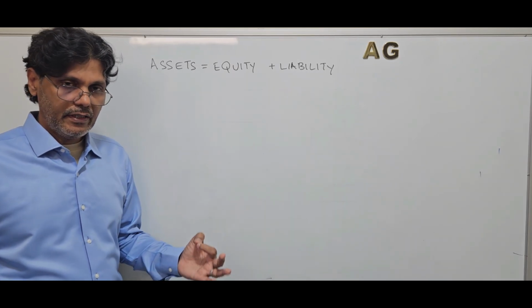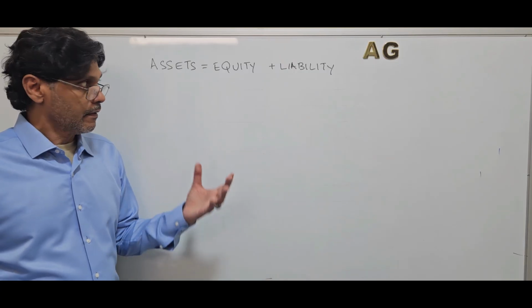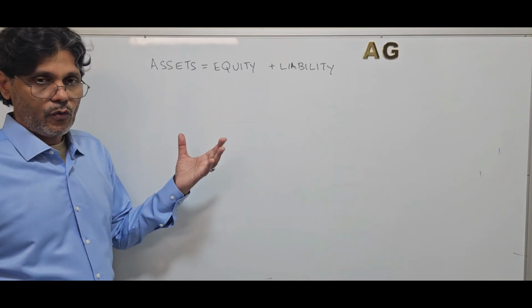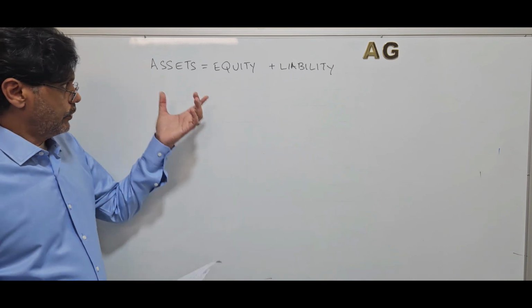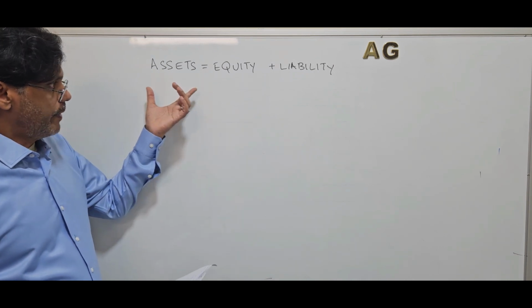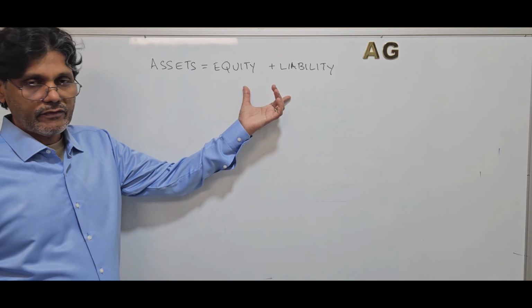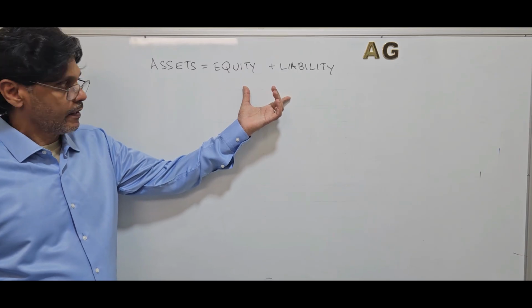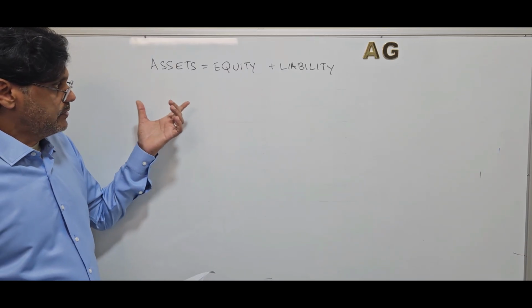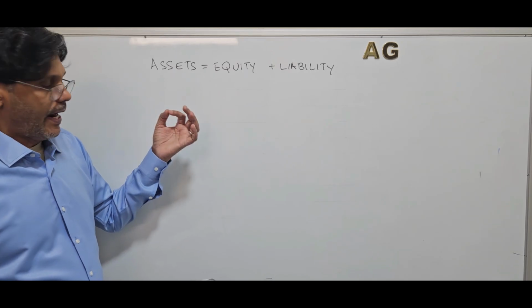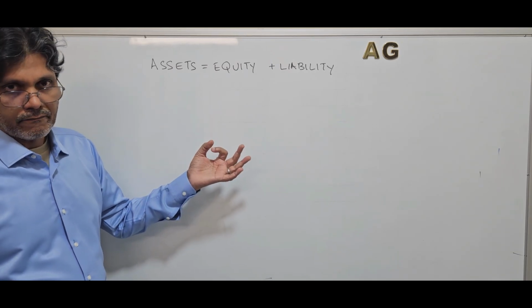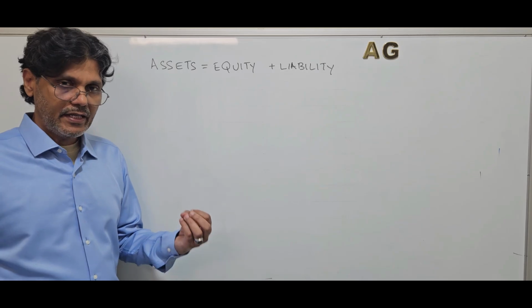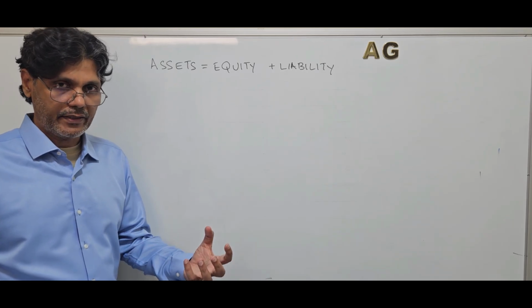According to the fundamental accounting principles, this equation must always balance. Your total assets should match your total equity plus liability. So every transaction affects at least two accounts. This is known as the double entry concept or dual impact.